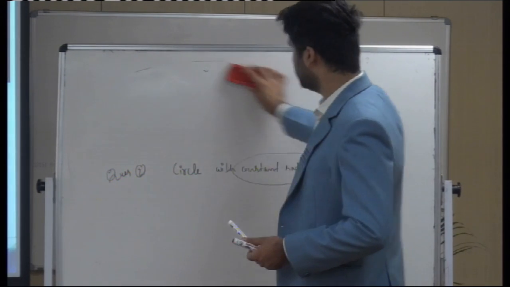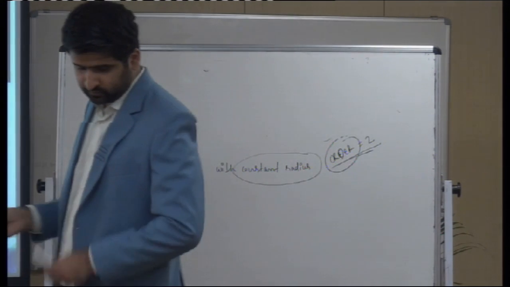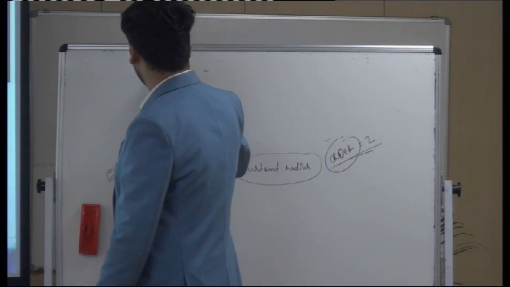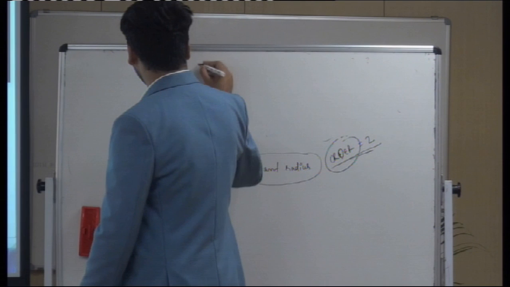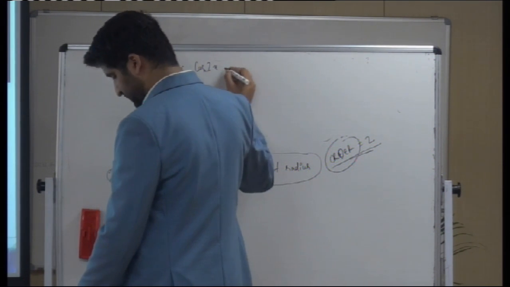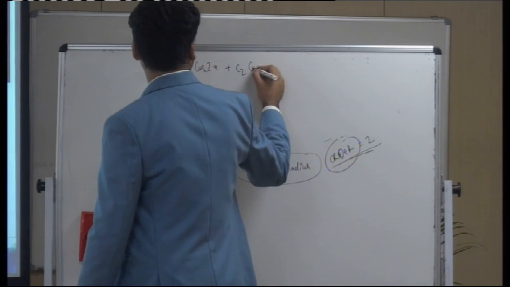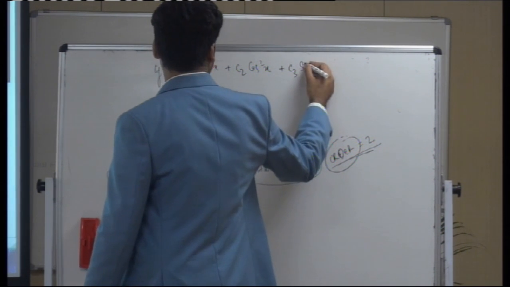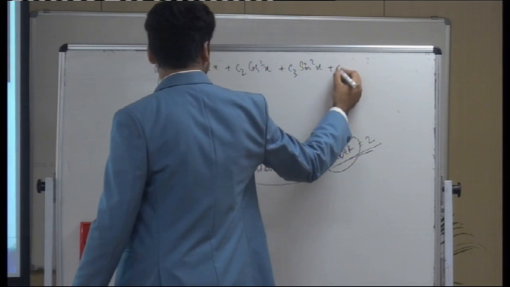So next question, write down y is equal to c1 cos 2x plus c2 cos square x plus c3 sin square x plus c4.